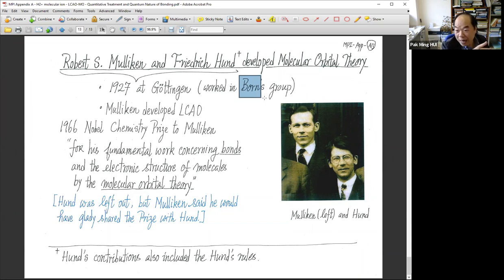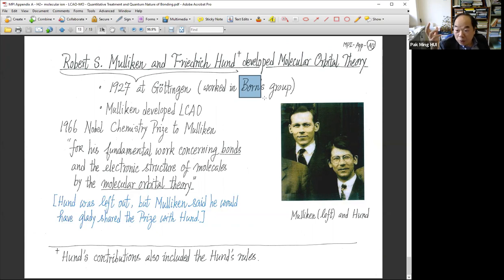So the first papers with three names, so Heisenberg, Born, and another Heisenberg's student, I forgot the name.